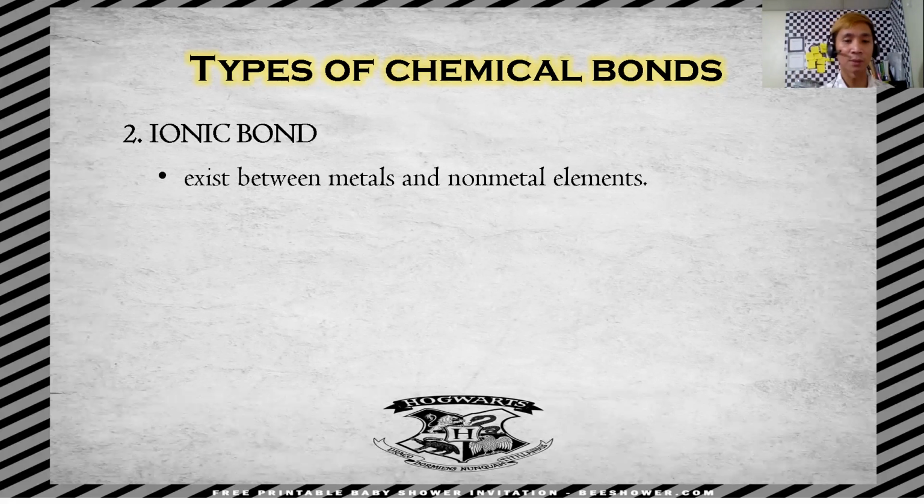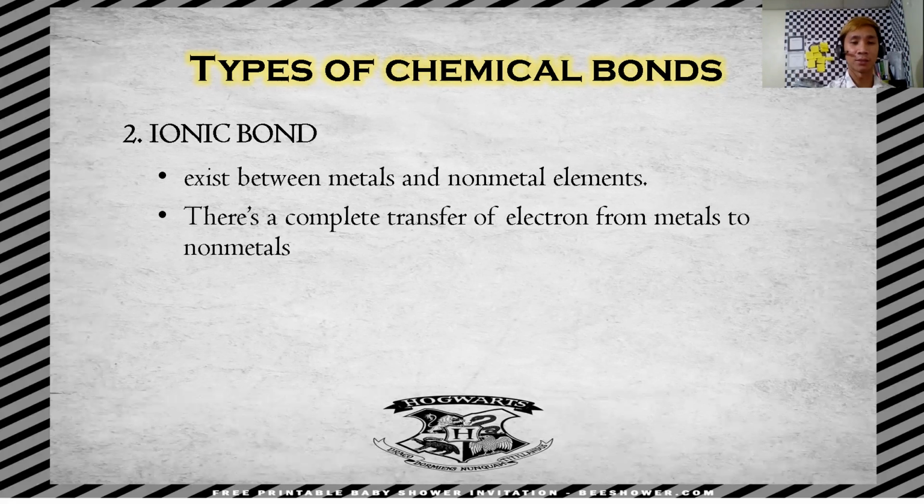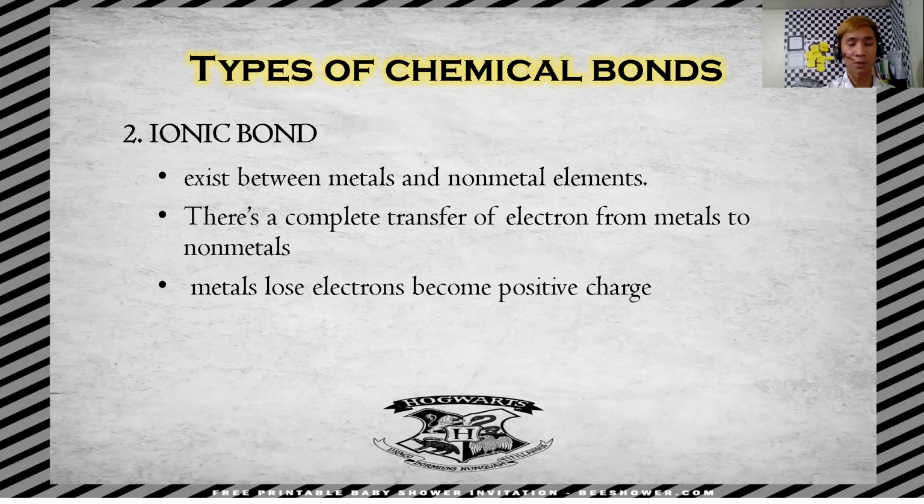Okay, so let's now proceed to ionic bond. Ionic bond exists between metals and non-metals. In this case, there is a complete transfer of electrons from metals to non-metals. So this is the combination of metal and non-metal elements. How is this? The metals are going to lose electrons and become positively charged. The metal element gives its excess electron to the non-metal element, and that is where the ionic bond is created.